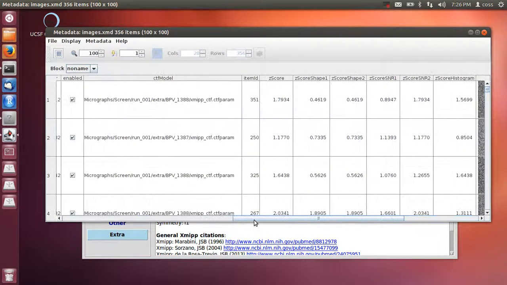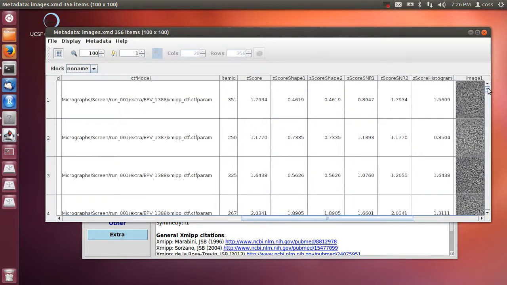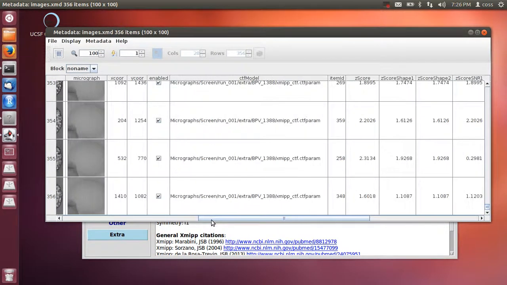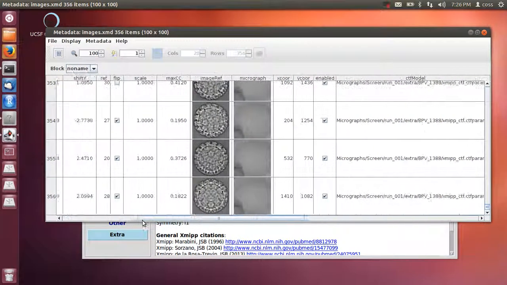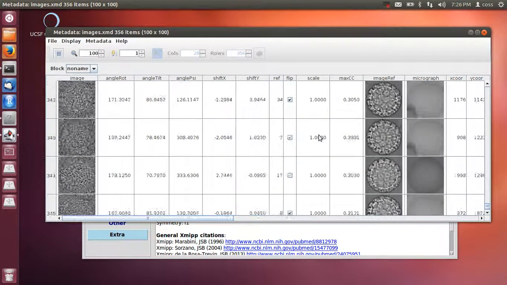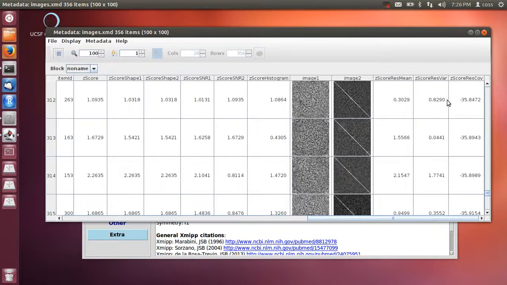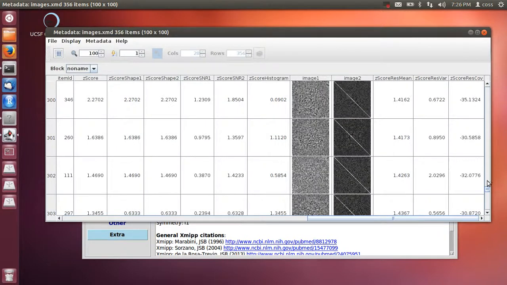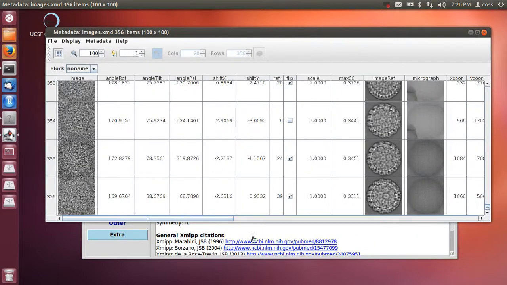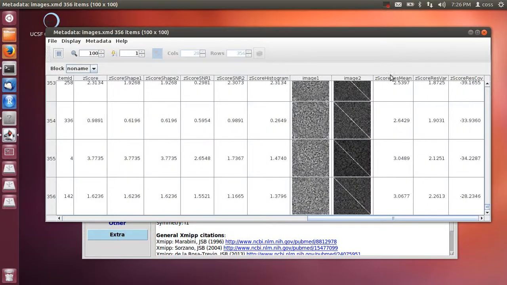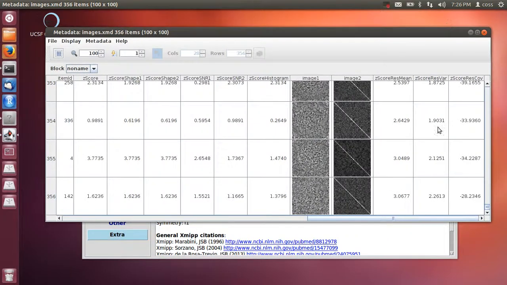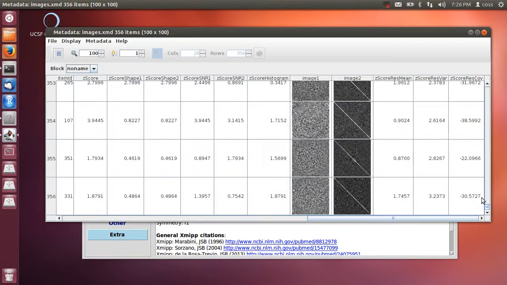So the set score somehow shows how good they are. But you may sort by any of those and decide, okay, these are the worst images with respect to this set score.